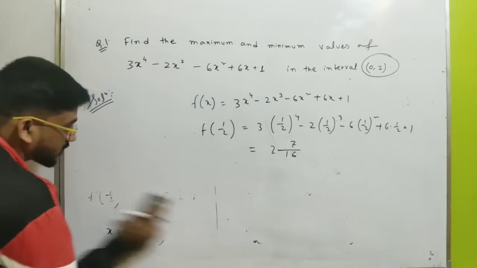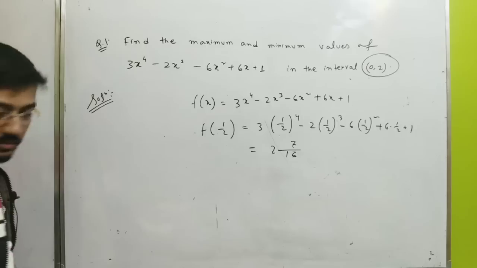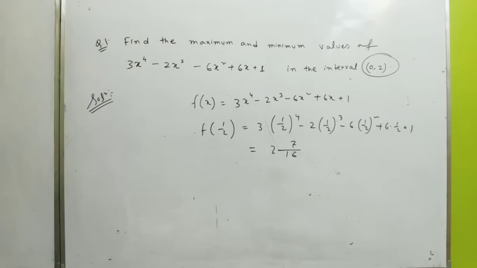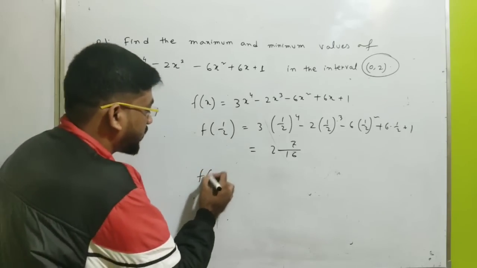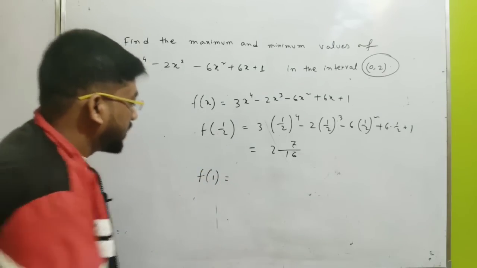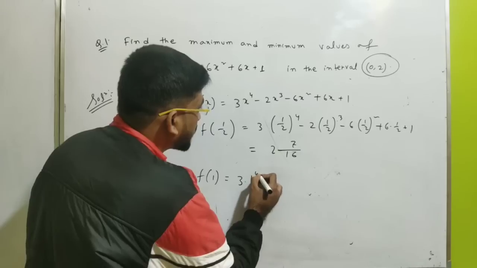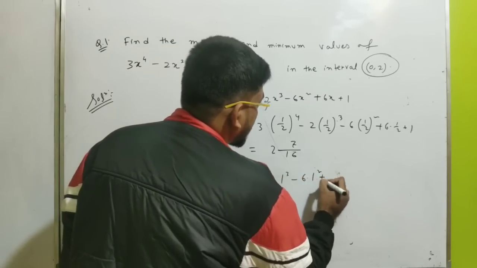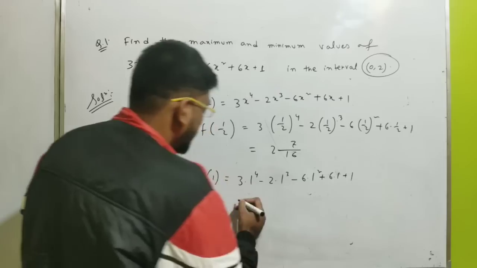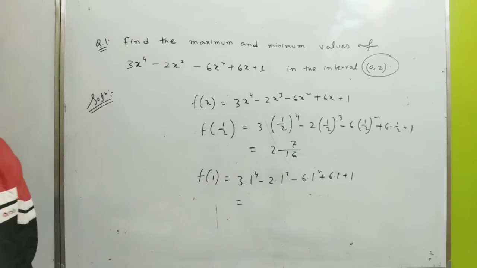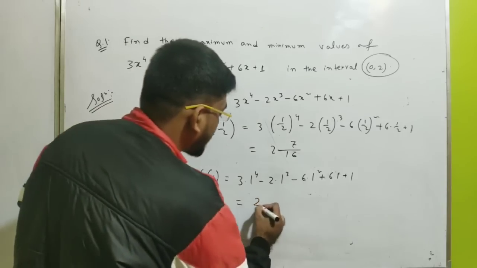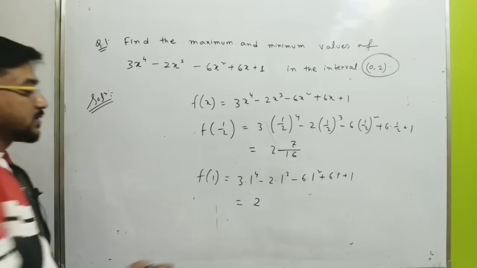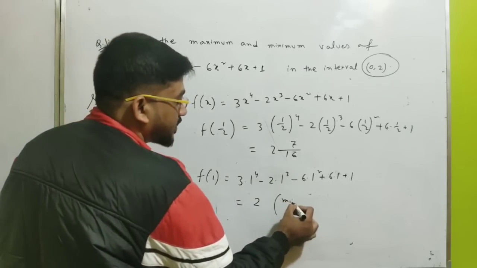If we put x equal to 1 in this expression, then you will get f of 1, which is 3 into 1 to the power 4 minus 2 into 1 cube minus 6 into 1 square plus 6 into 1 plus 1, and you will get the result 2. So this is the minimum value, and this is the maximum value.